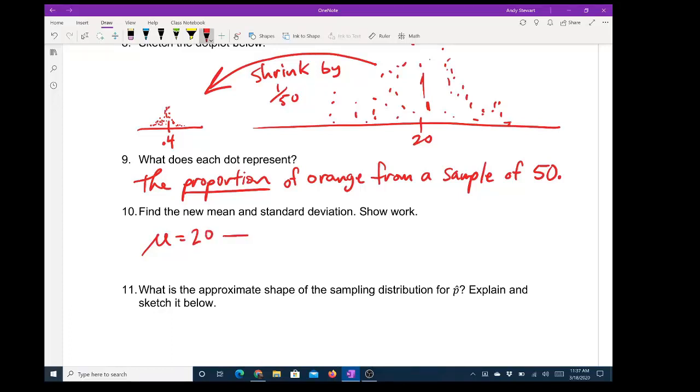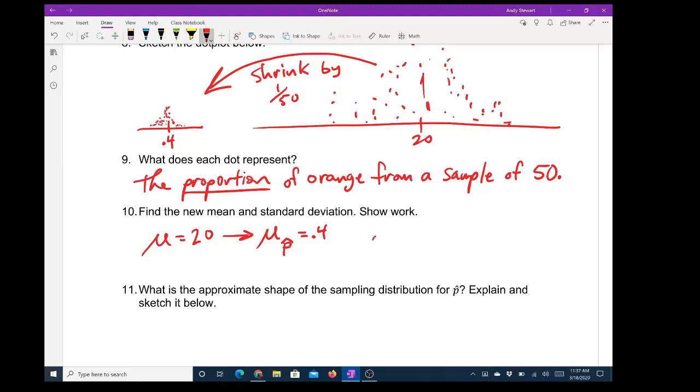Okay, and now this is going to be another funny way to write this. The mean sub p hat, the mean of the sample proportions, is 0.4. What happens to the standard deviation?